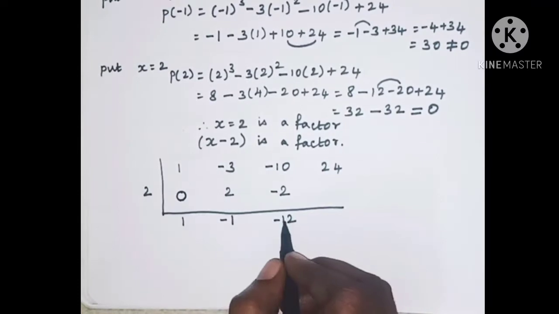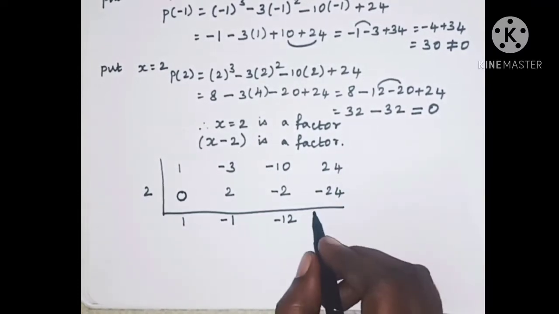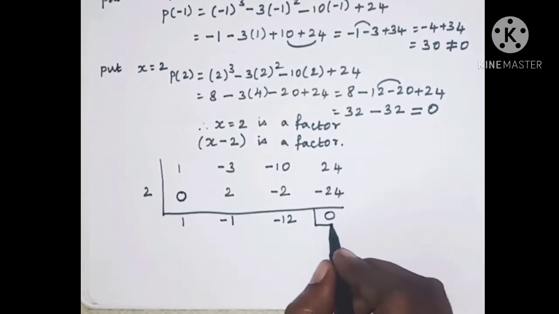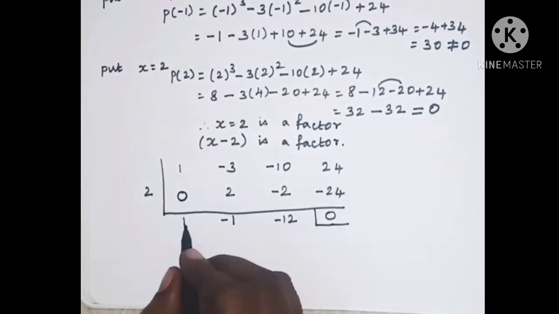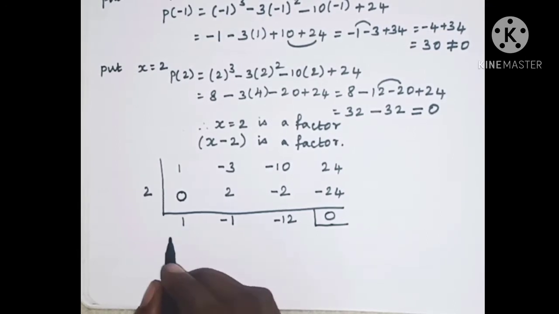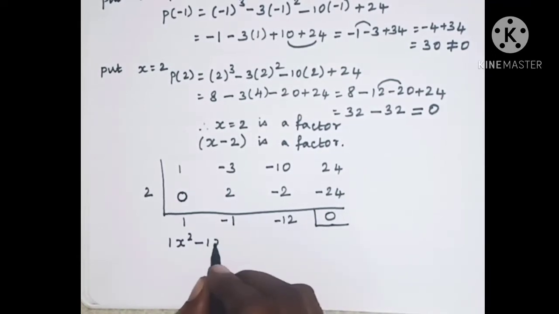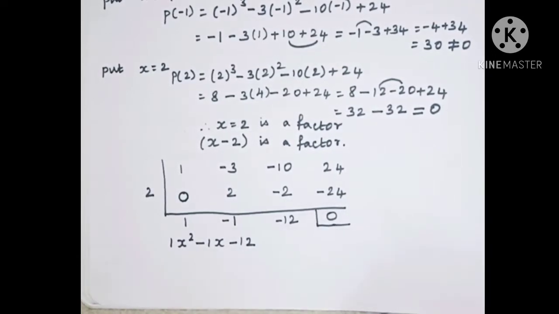Now multiplying these two numbers, we will get minus 24. Plus 24 minus 24 will become 0. You already know that we have to include x square with this term, isn't it? So 1x square minus 1x minus 12.